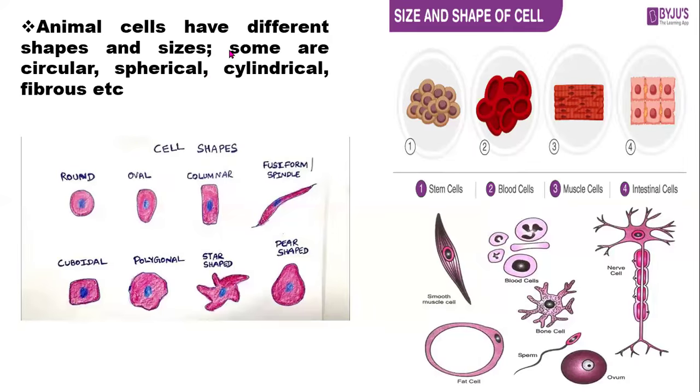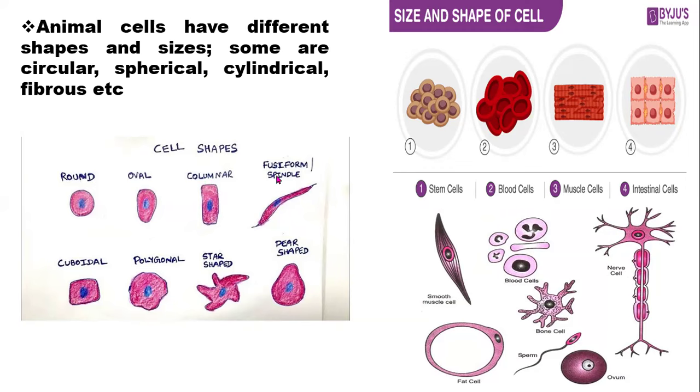So for the animal cell, let's now look at shapes and sizes. Animal cells have different shapes and sizes. Some are circular, some are spherical, some are cylindrical, while others are fibrous, etc. Looking at the shapes here, you can have an animal cell that is round, another that is oval, another that is columnar.